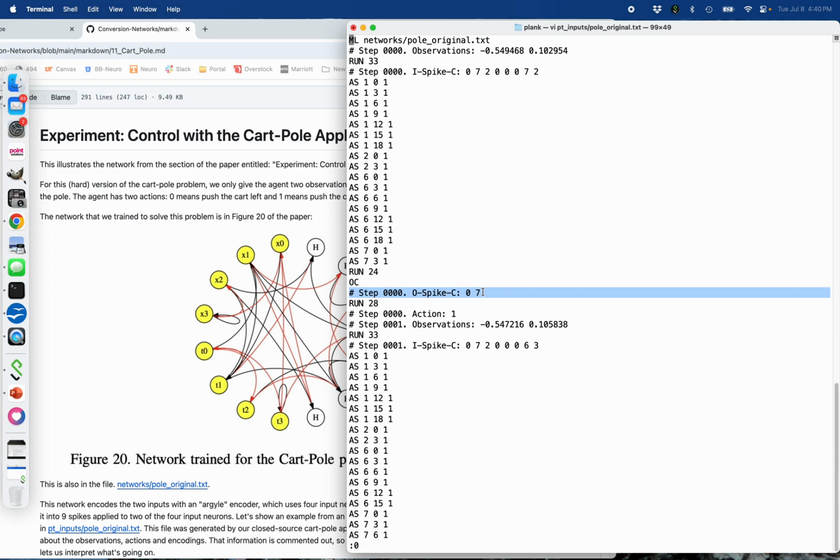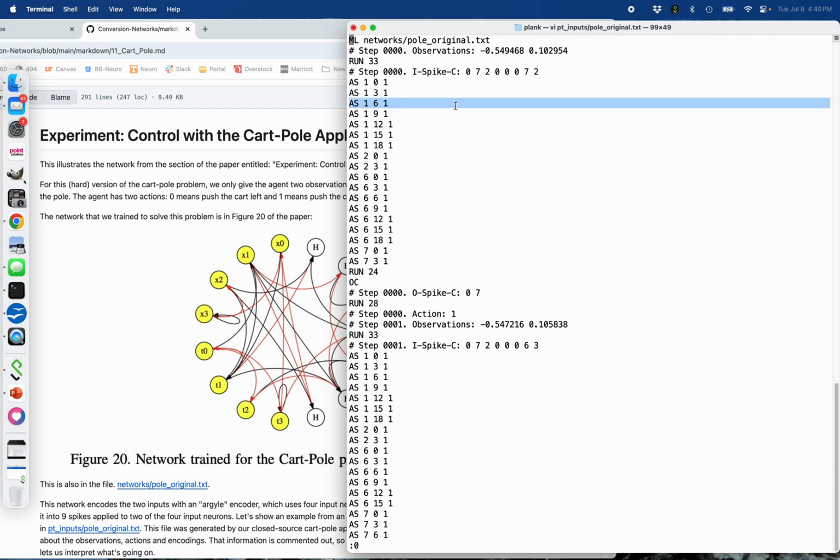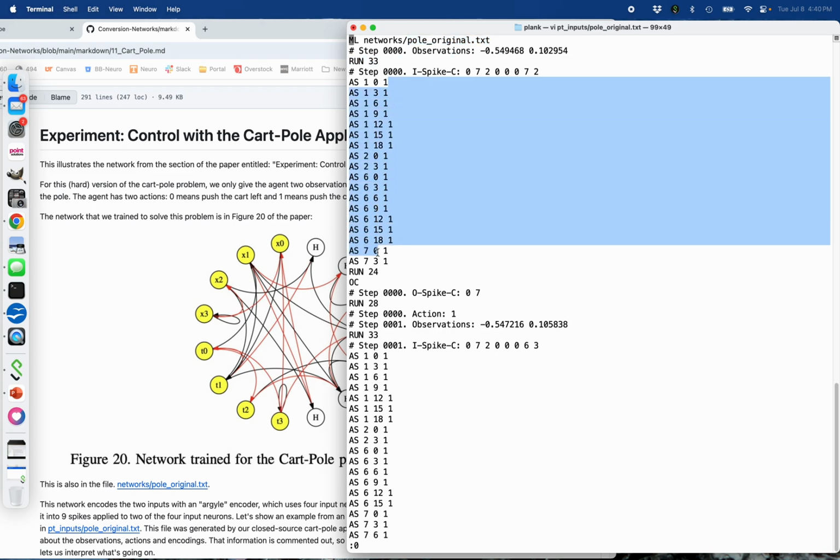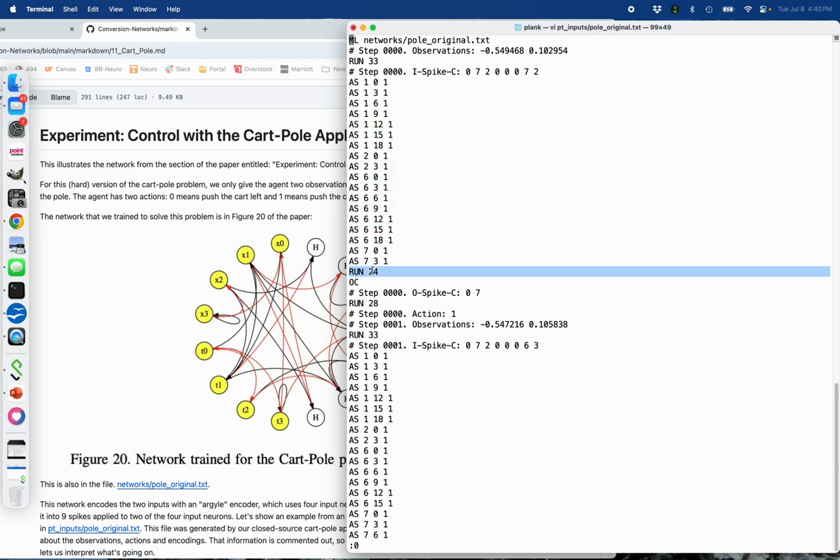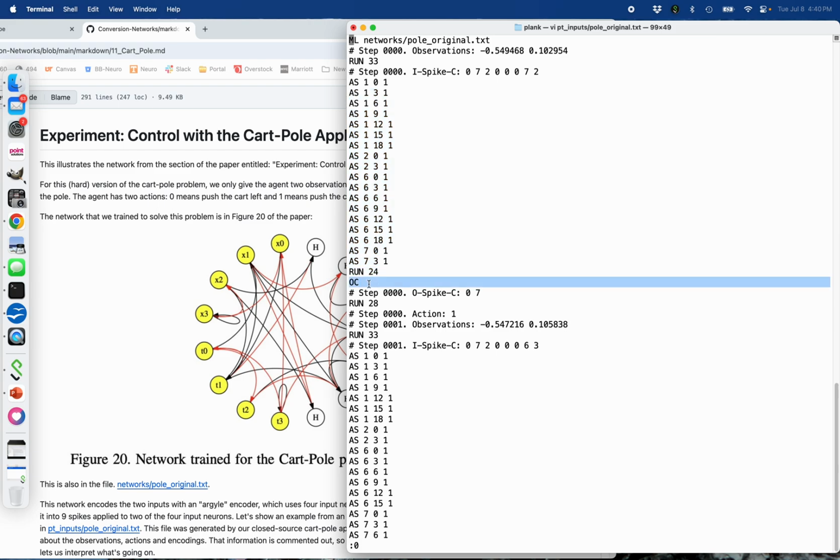So what we did to handle this issue was we did our training in a kind of three-step process. For every observation, we ran the network for 33 time steps. Then we applied the input, and we ran that for 24 time steps. That's when we counted the outputs, and then we ran it for an additional 28 time steps. And we did that over and over again.